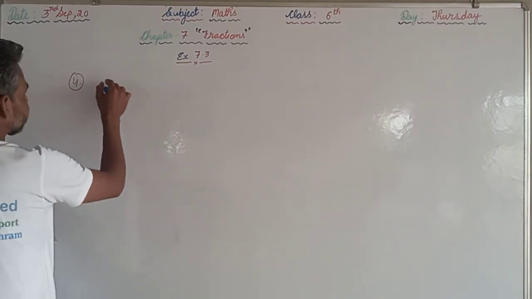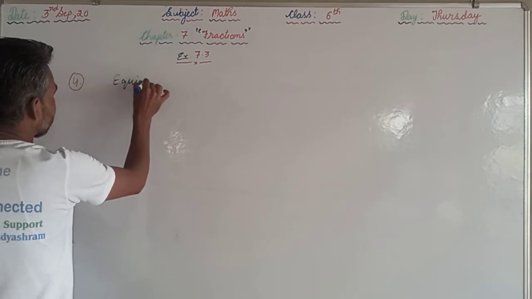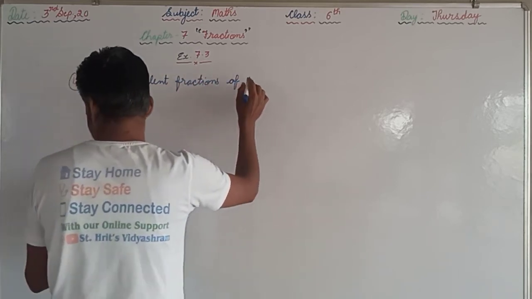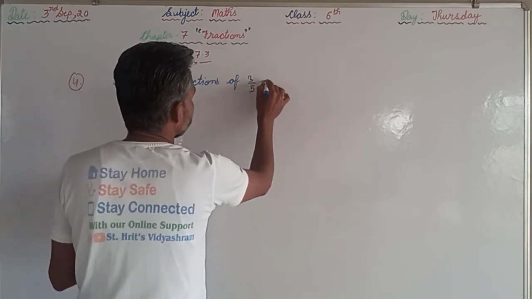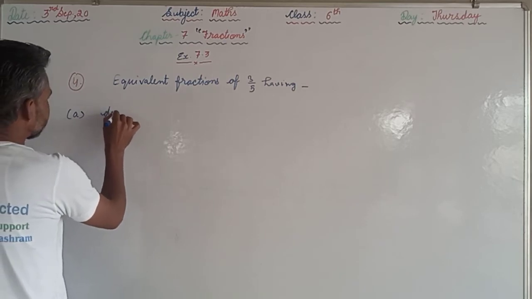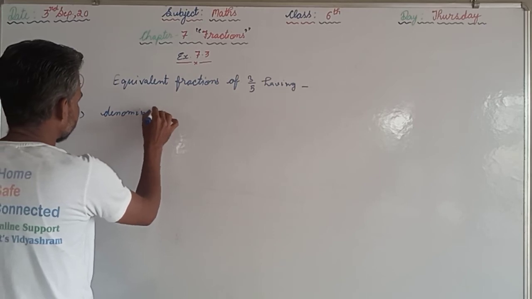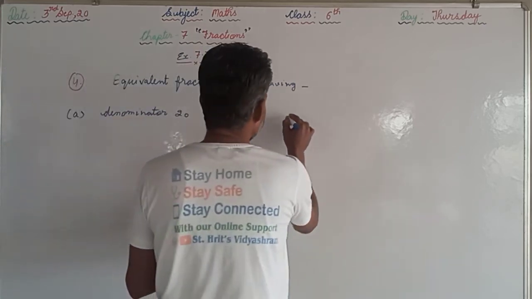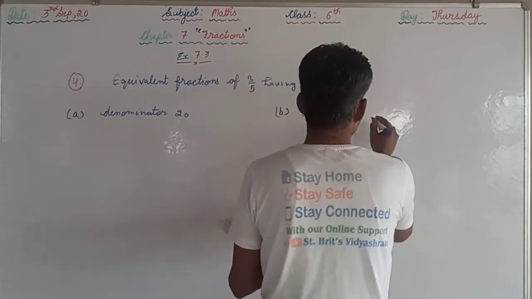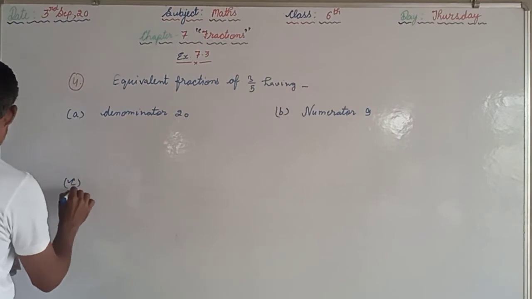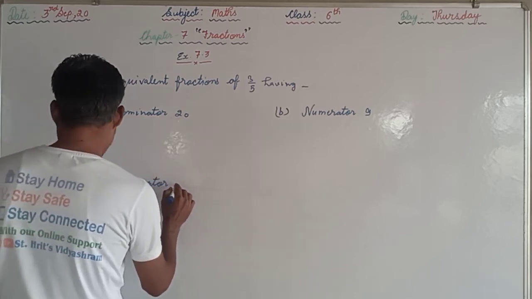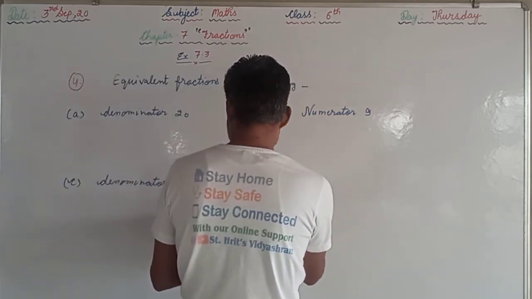Find the equivalent fractions of 3 upon 5 having, a part denominator 20, then b part is numerator 9, and c part again denominator 30, and d part again numerator 27.